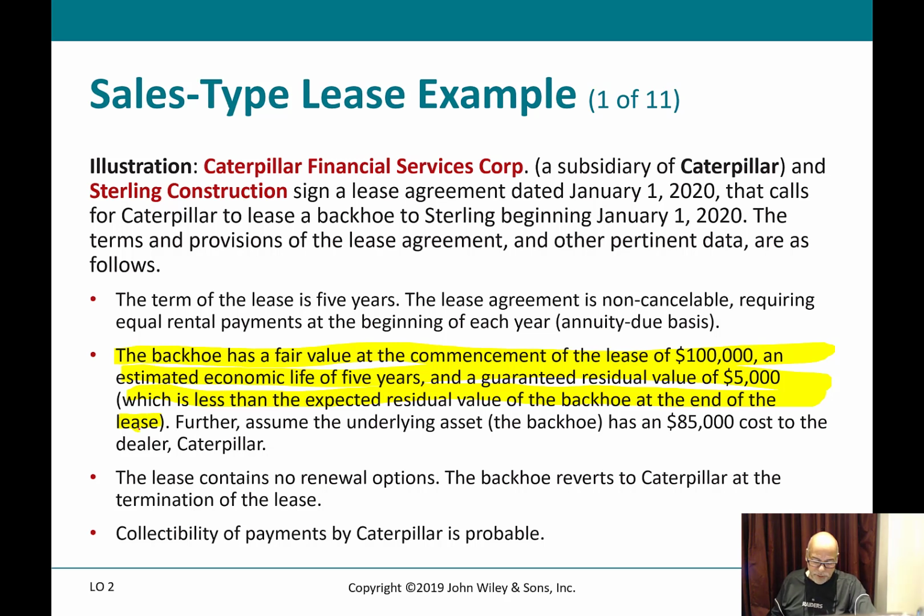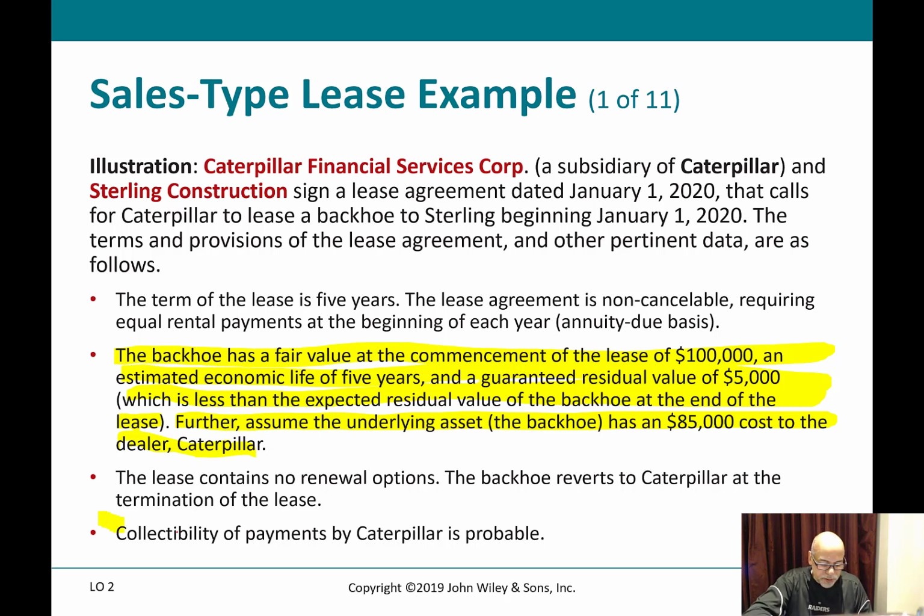Now that's a little bit different, because what they're saying is, hey, you're essentially going to get that equipment back, and you just go ahead and assume that the guaranteed residual value is going to be kicked back to you in terms of either the equipment or some money. Further, assume that the underlying asset, the backhoe, has an $85,000 cost to Caterpillar. There's no renewal options. The backhoe reverts to Caterpillar at the termination of the lease.